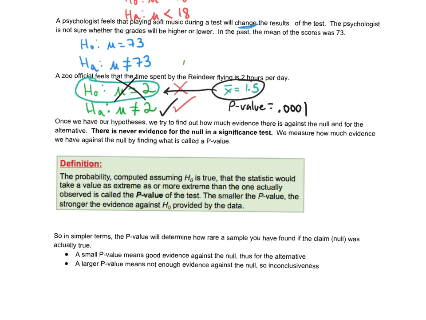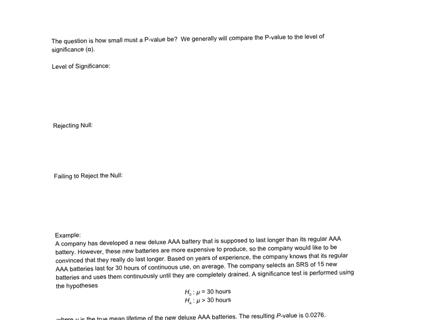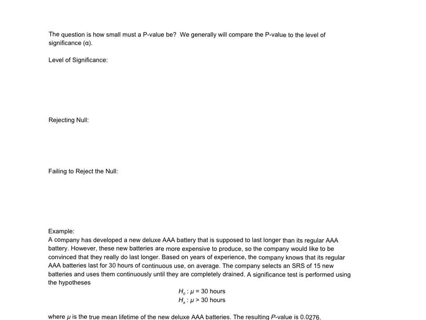Now the big question is how much evidence is good? For this p-value, how small is small? That's always a good question in math. How small is a value to be considered small or large? Well, we actually have a value, and we call that value the level of significance. The level of significance is going to tell us how small the p-value has to be.